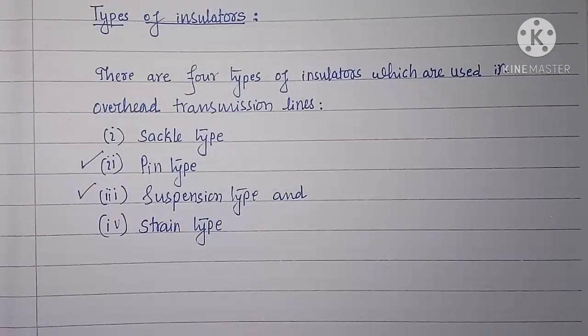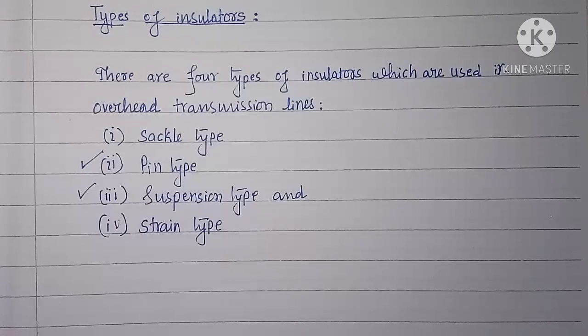The pin type insulators come in very small size. They have got simple construction and also their cost is less. But the cost of such insulators increases if the voltage rating is increased.